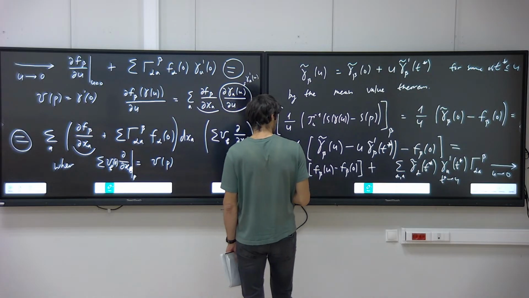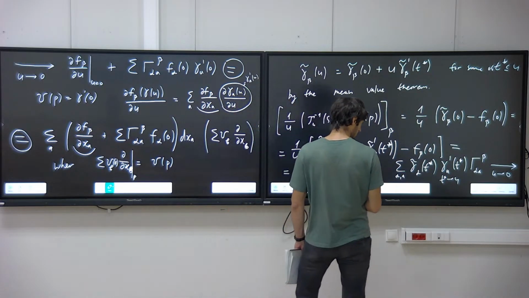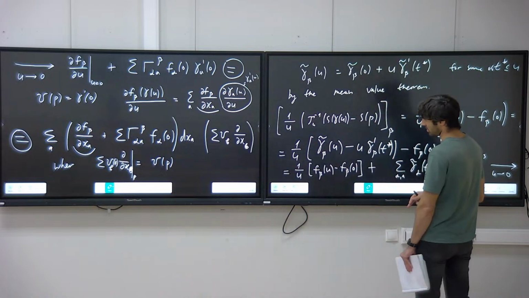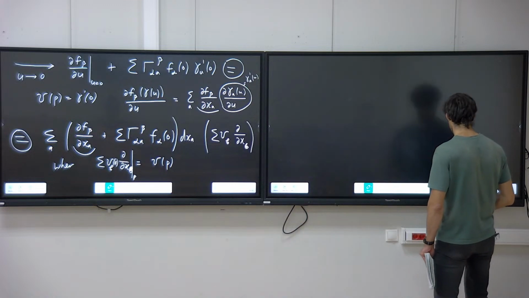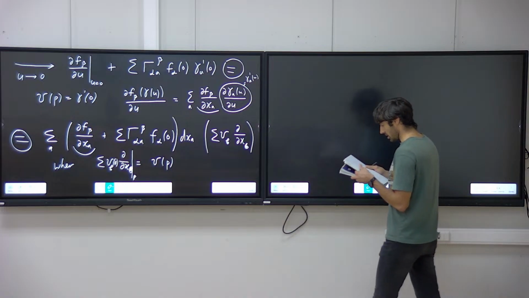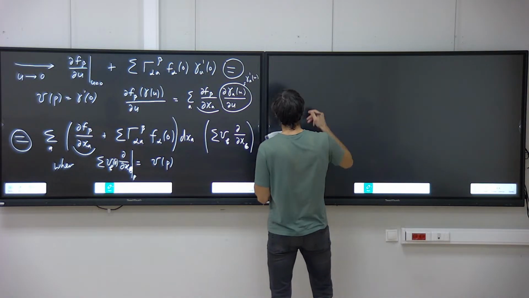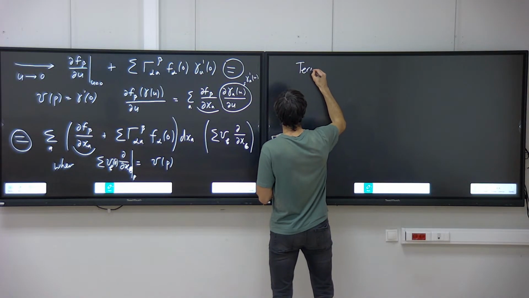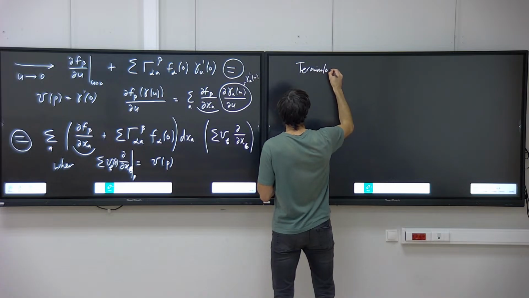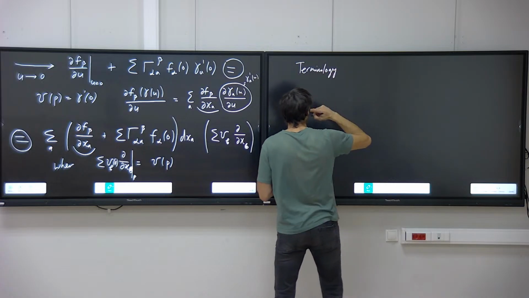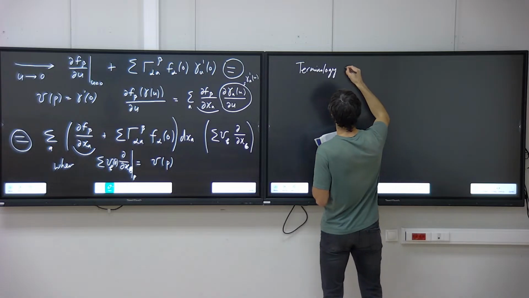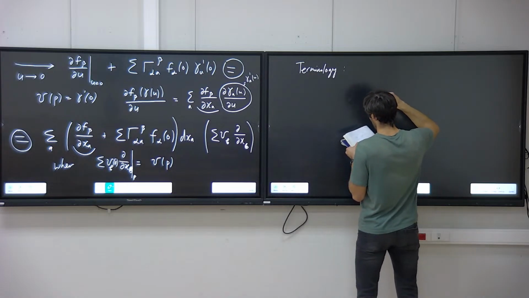First let's fix some looseness in terminology.